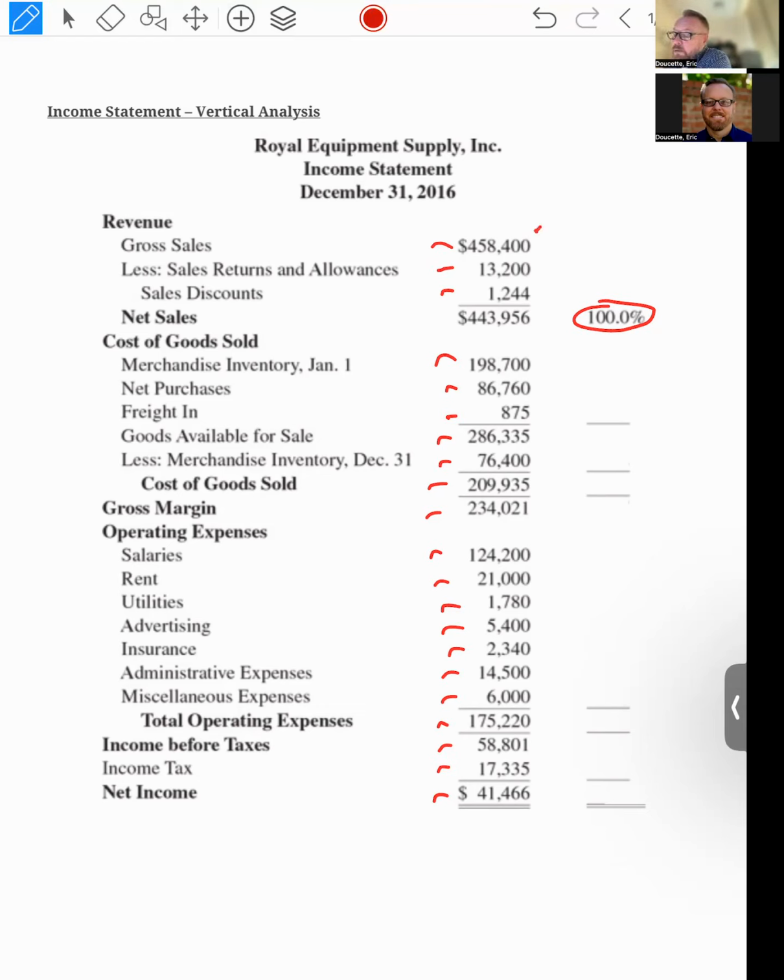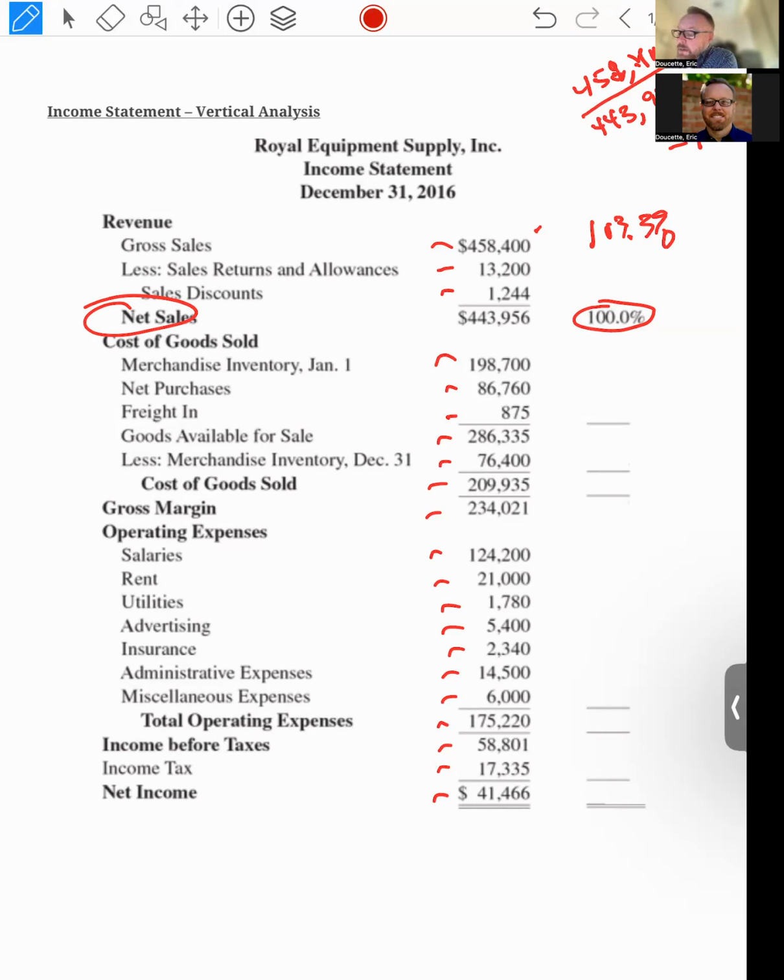I'm going to take each number, 458,400, and I'm going to divide that by 443,956, because that is my net sales. Everything is divided by net sales. So in this case, I think it comes out to 103.3%. And that is the answer, 103.3. Because my gross sales is 103% of my net sales.